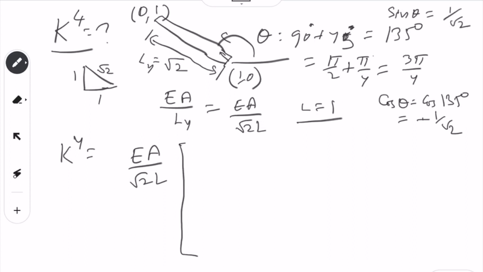So we know these values, and accordingly we can write it. Okay, so we have cos square theta here. As we know cos theta is this, so it will be 1 over 2.